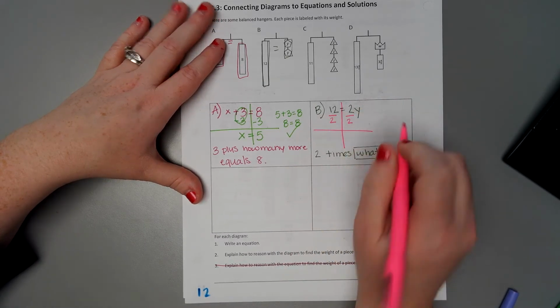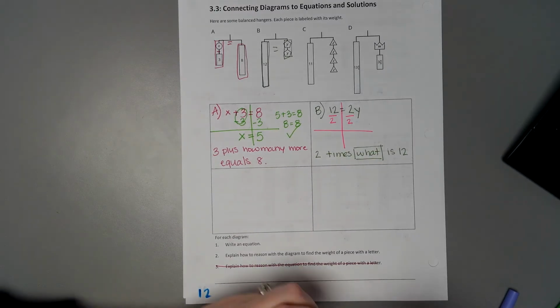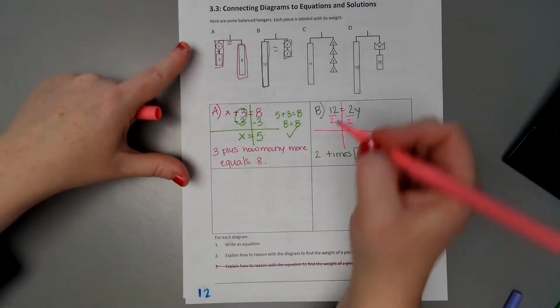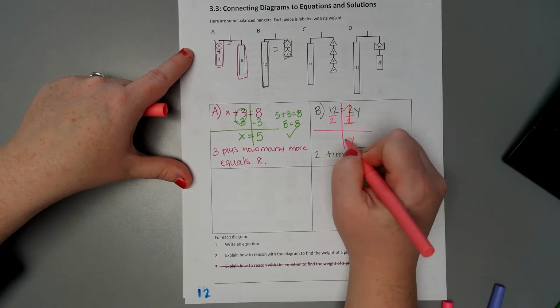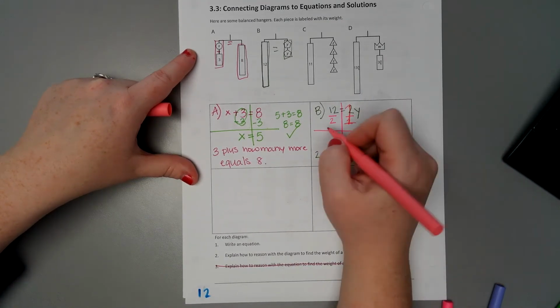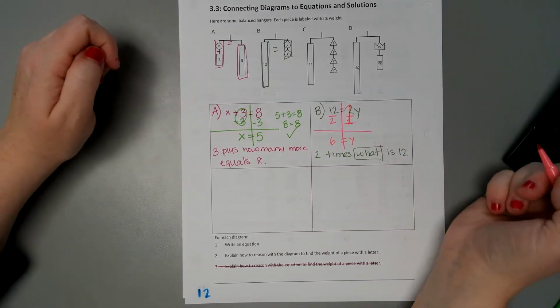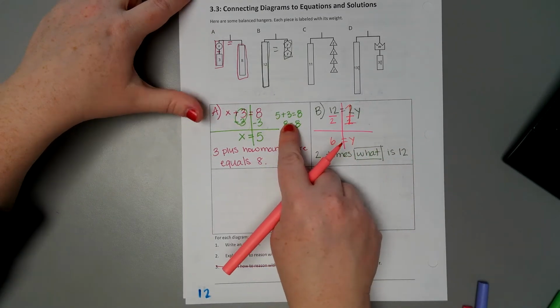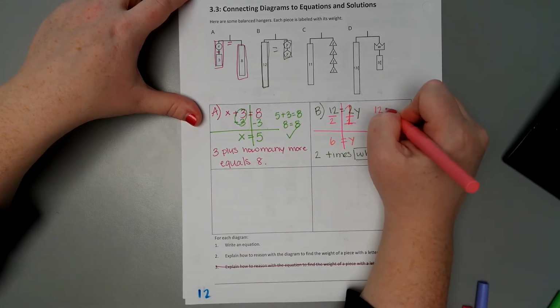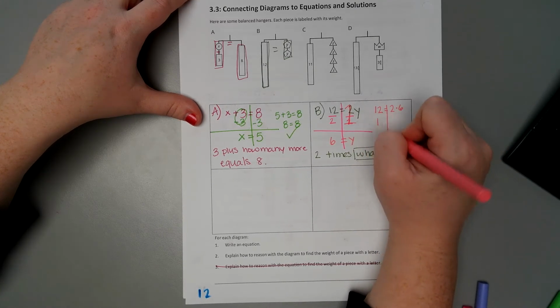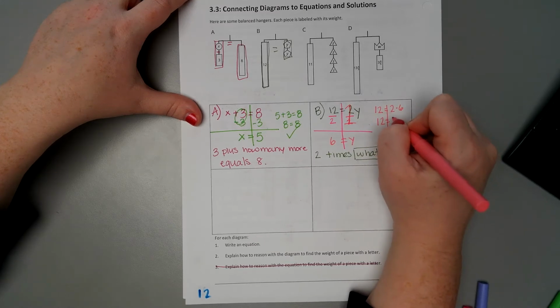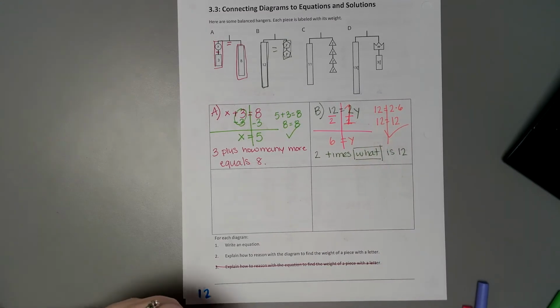Divide by 2. 2 divided by 2 is equal to 1. So that just leaves us with y. And then 12 divided by 2 is 6. Again, we can plug it in just like we did over here. 12 equals 2 times 6. We keep our 12. 2 times 6 is 12. That means it works.